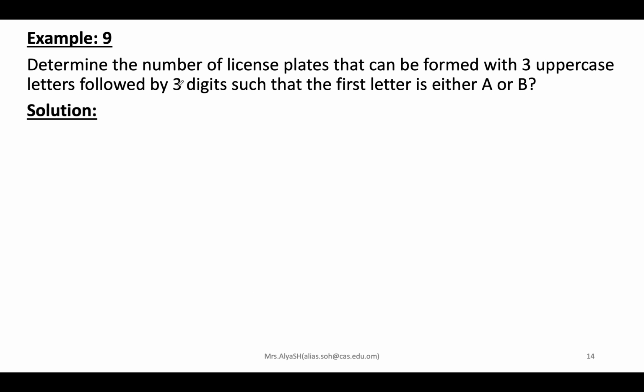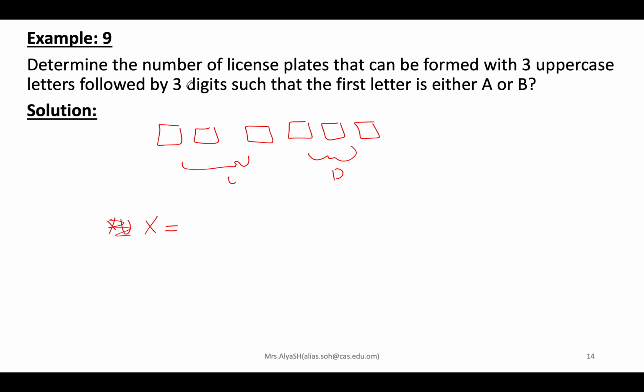Another way to solve this problem is we can just identify the license plates, and here we got 3 letters, and here we got that they should be digits. So in order to find X, either it starts with A or B, then any letter, any letter, any digit, any digit, any digit.